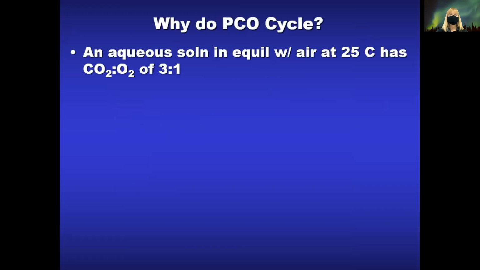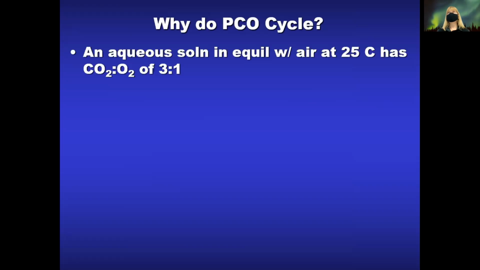And what they find is that if you have an aqueous solution in equilibrium with air at 25 degrees Celsius, if you look at the dissolved gas ratio in that solution, you have a CO2 to O2 gas ratio of about 3:1, which is good.